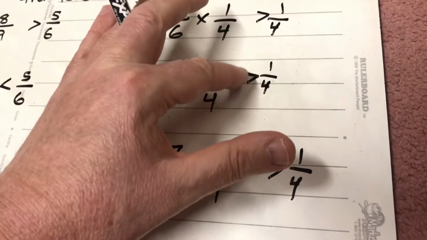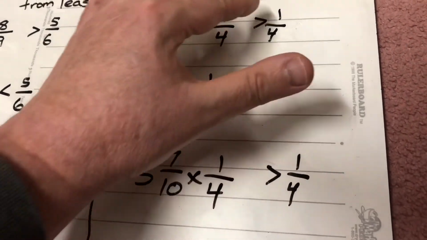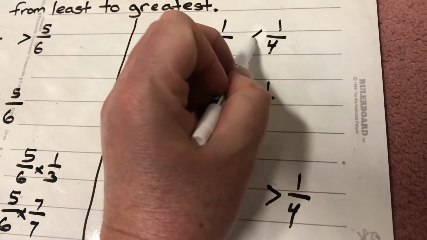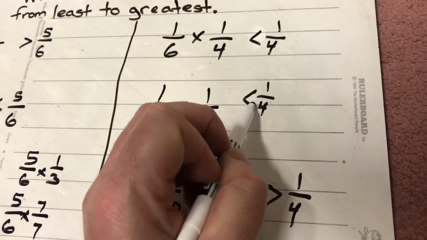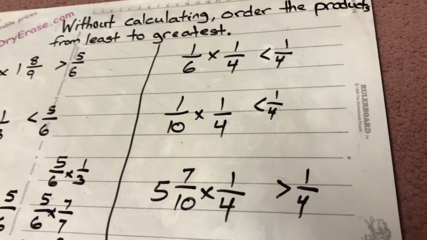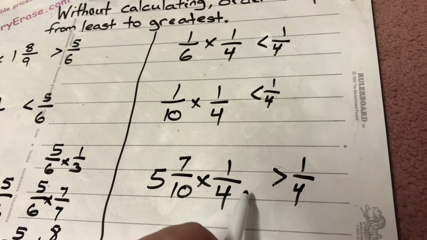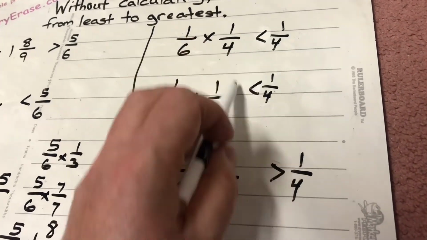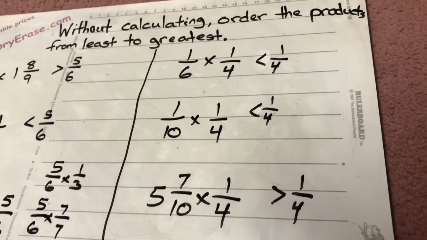Actually, I wrote that wrong, sorry. I put greater than 1 over 4. 1 over 4 should have the open mouth to it because that's the bigger number. My mistake. Here, my product is greater. Here, my product is less than 1 over 4.